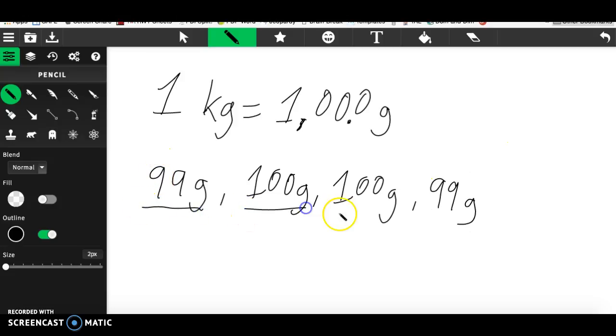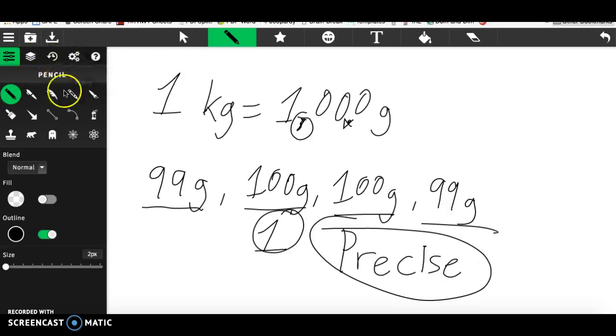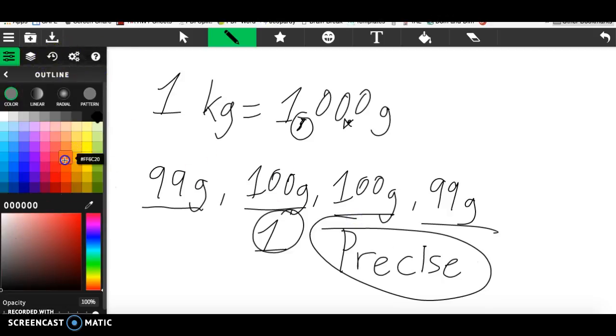All 4 of these are close to each other. They're all off by only 1. But we were looking for 1,000 grams, not 100 grams. So they're super far off by an order of 10 to our correct value, but they're close to each other. So these ones would be precise. But sadly, they are not accurate.